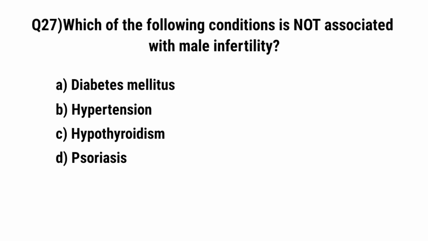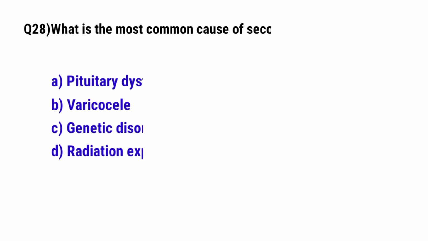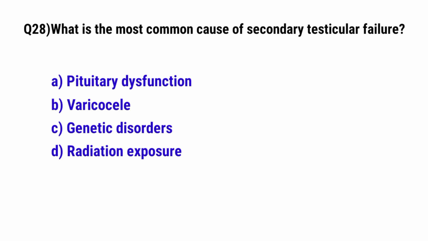Question number 27. Which of the following conditions is not associated with male infertility? The correct option is D, psoriasis. Question number 28. What is the most common cause of secondary testicular failure?